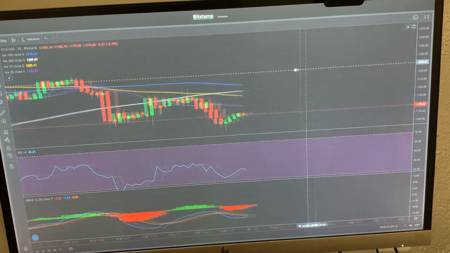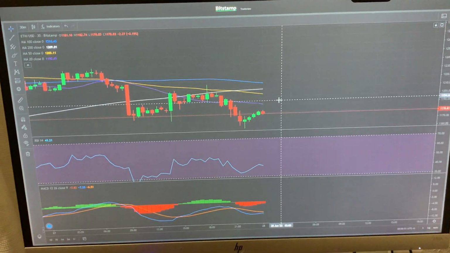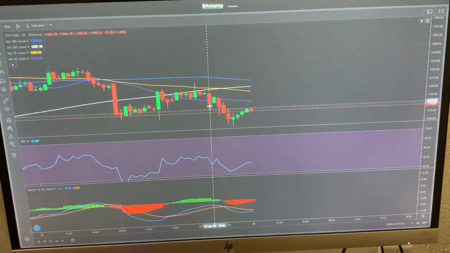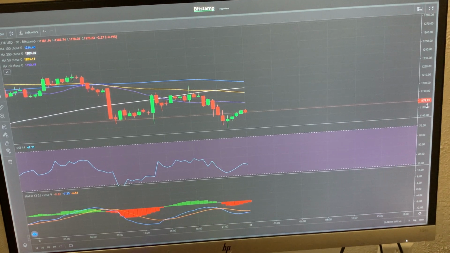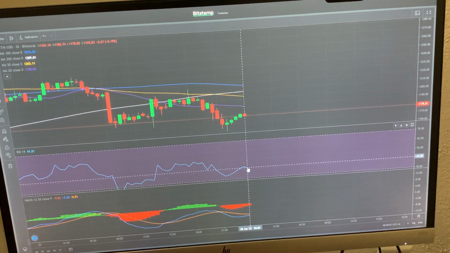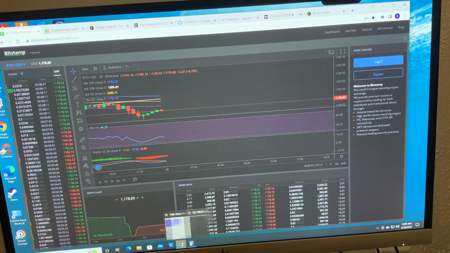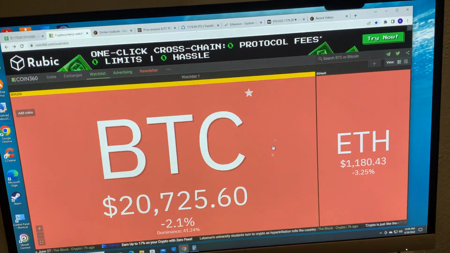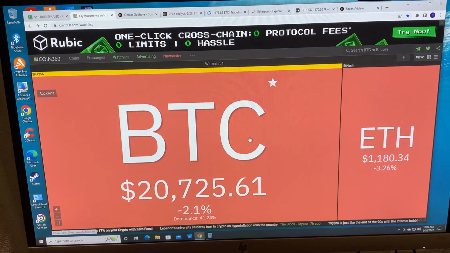Now, I want to show you something. Pay attention now. If you buy now at, let's say 1180, right now, perfect buying opportunity, right? You do not buy at market. There's a market and there's a limit. Don't pick market because there's fees.